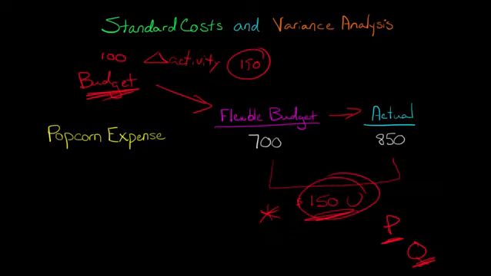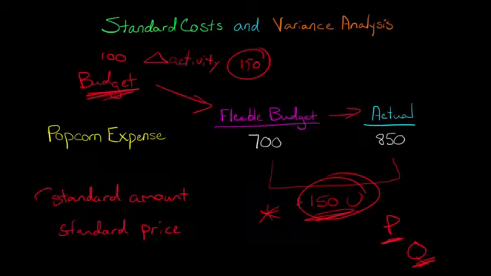And we really didn't get into that with flexible budgeting, and so this is where the notion of standard costing and variance analysis comes in, because now we can actually go and say, well, let's say that there's a standard amount of popcorn that we think is acceptable to put into each bucket. And then we say that there's a standard price that we're willing to pay, a standard price that we think is a good price for popcorn.